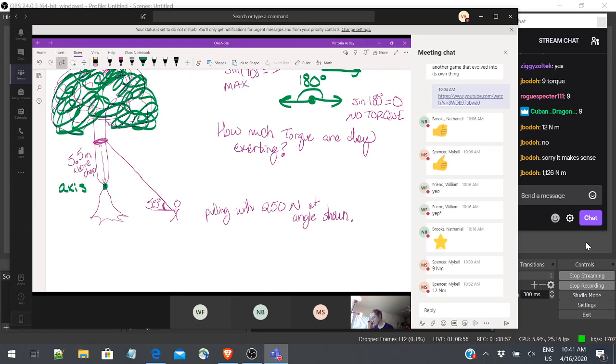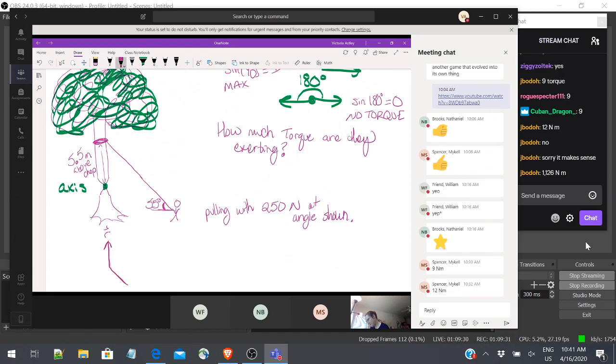I'm just checking. I have to do some sort of mental geometry here. I get a different number. So you have to be careful about your angle here. So our R is here.